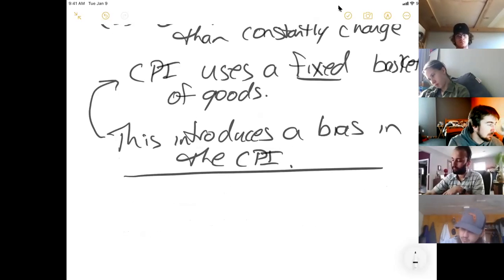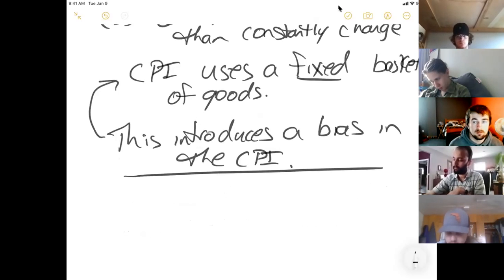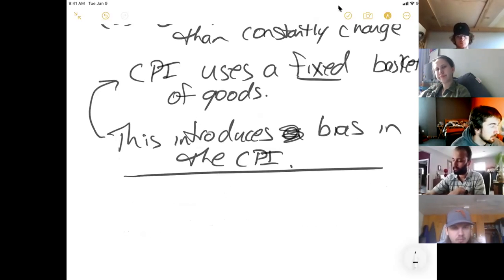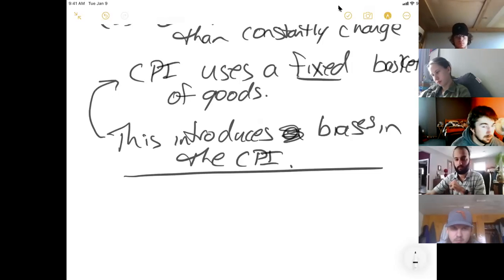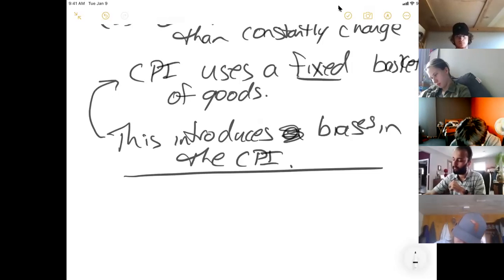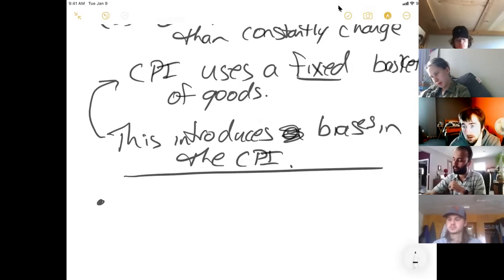In fact, maybe I shouldn't say a bias, it introduces multiple biases in the consumer price index. But let's talk about this.